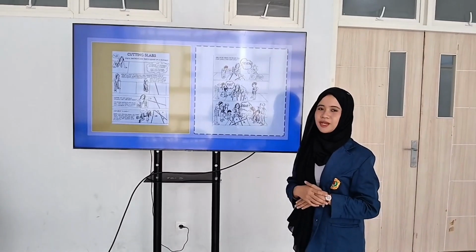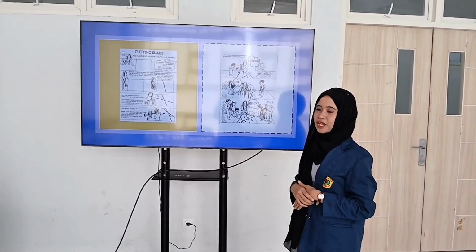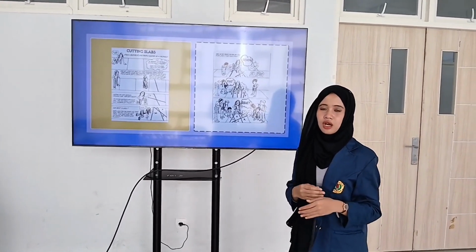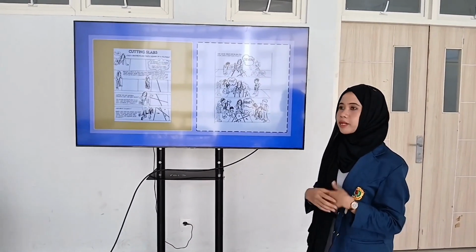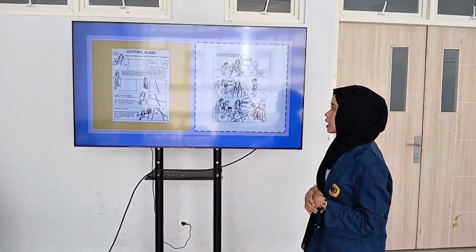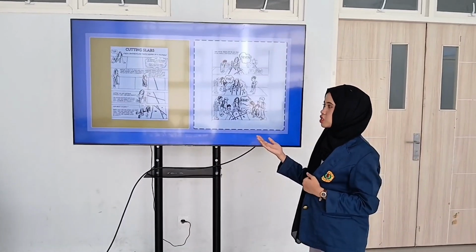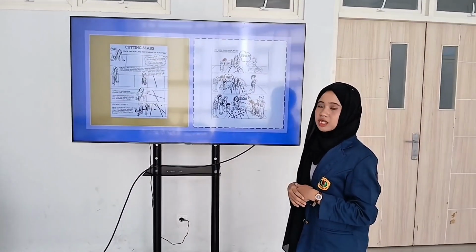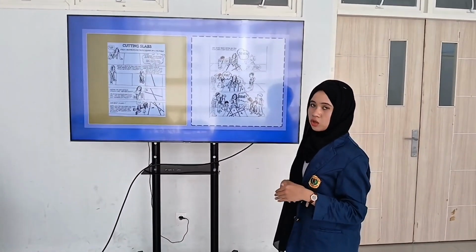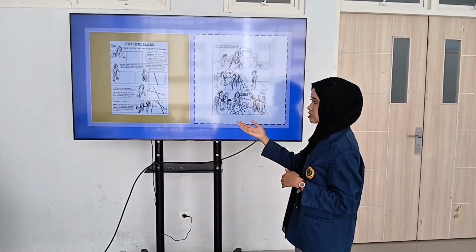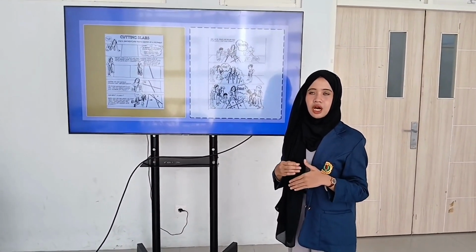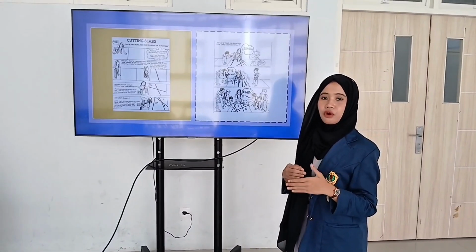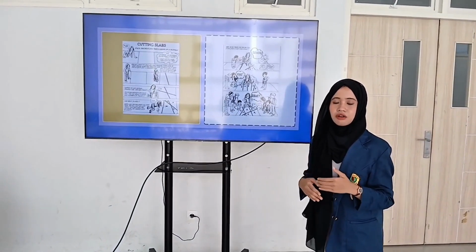Now, I'm going to explain to you about cutting slab. Cutting slab is one of the games that shows a geometry concept. Look at the picture. In the picture, the children draw shapes on the sidewalk tiles and they count how many parts are formed.